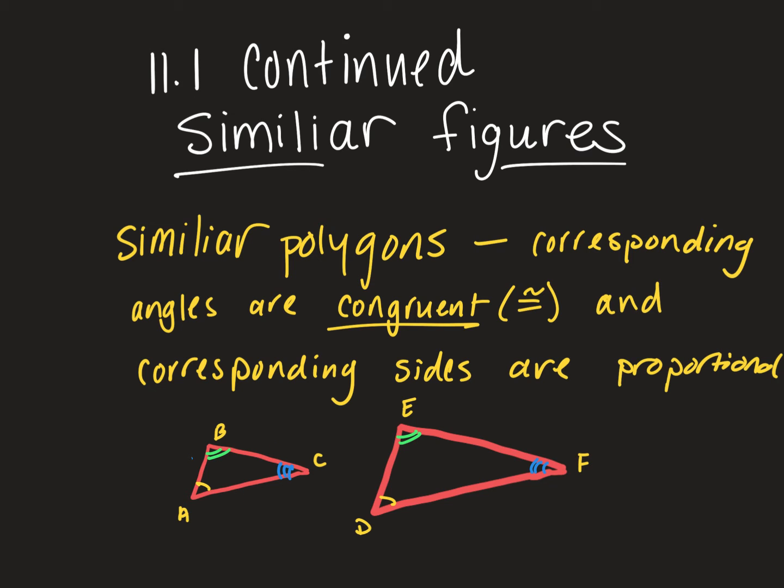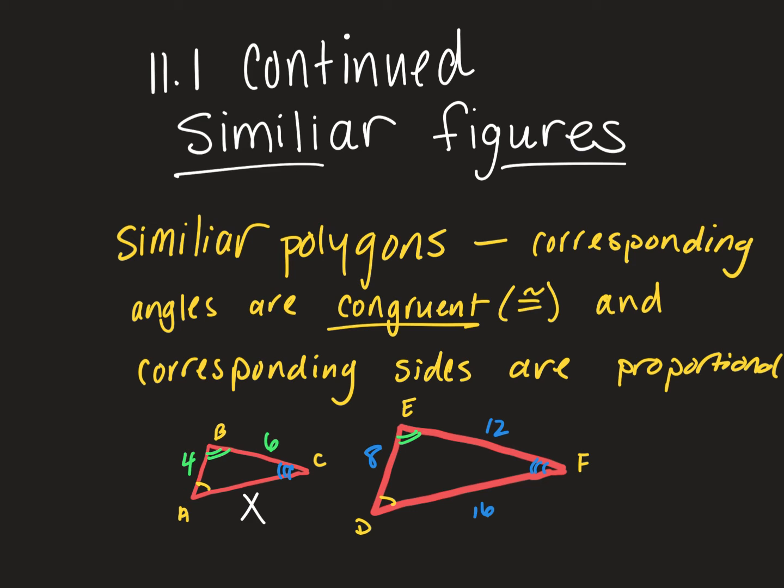So let's say we know in our big triangle we have 8, 12, and 16. And in our little one, let's say we only know 4 and 6, or even just one of those. And we need to find this missing side here. That's x. So we can set up a proportion.